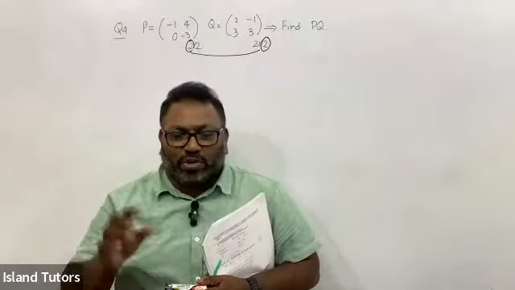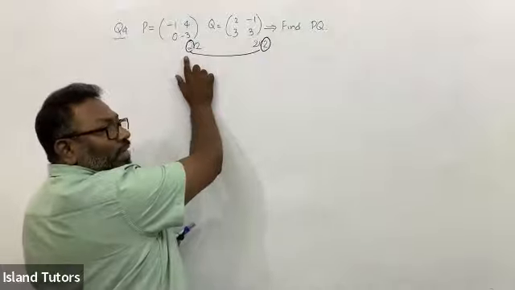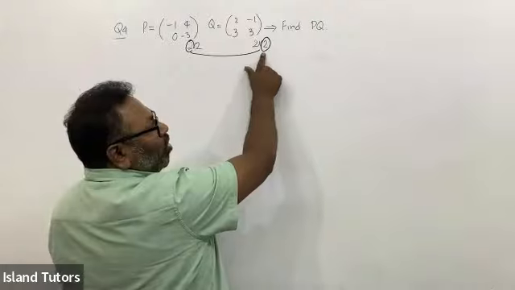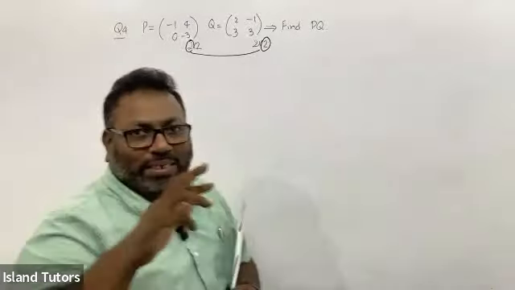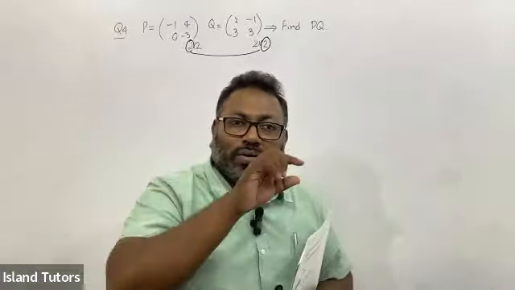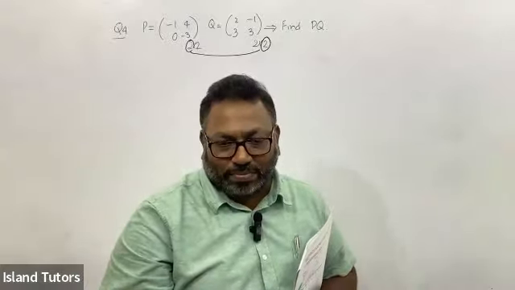You follow? When you do multiplication of matrices, the rows of your first matrix and the columns of your second matrix will decide the number of rows and columns in your answer.